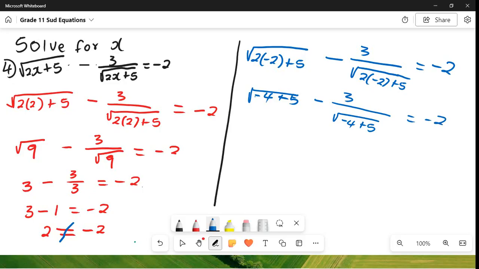That is the same as 5 minus 4. It's equal to 1, and the square root of 1 is 1. So we have 1 minus 3, which is just the same as... It must be equal to -2. So what is 1 minus 3? 1 minus 3 equals -2, which is equal to -2. And it's correct.